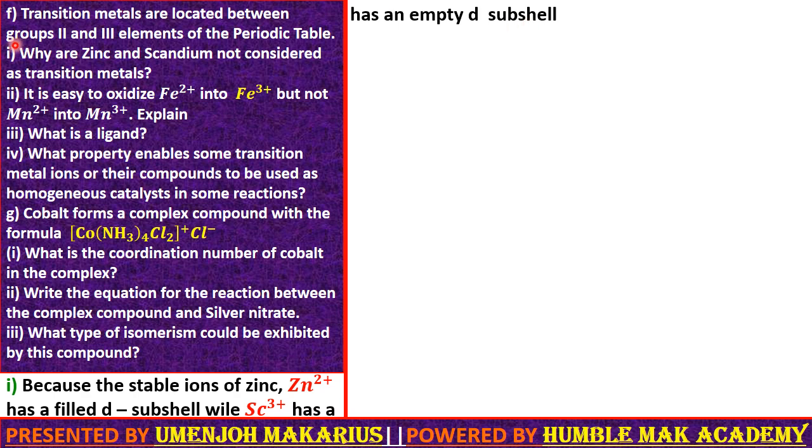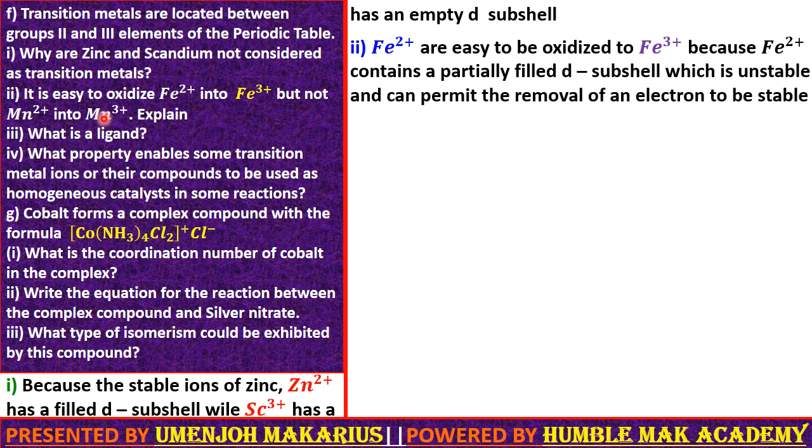Okay. The next part is saying that we should explain why it is easier to oxidize Fe2+ ions into Fe3+ ions, but not easy to oxidize the manganese 2+ ions into Mn3+ ions. So guys, the reason is simply that Fe2+ ions are easily oxidized because our Fe2+ ion contains a partially filled d subshell which is unstable and can permit the removal of an electron to become stable.